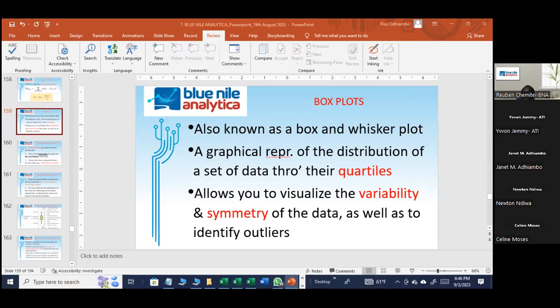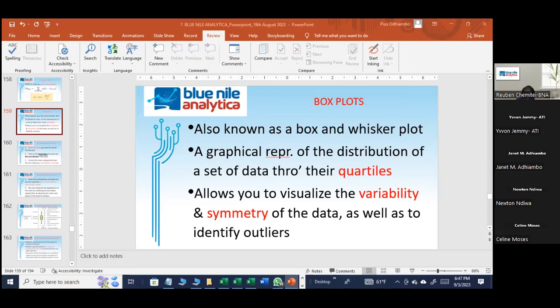Some of the questions we may ask ourselves are, is it normal? For example, supposing you have given an exam to students, and you want to see what the average was, how many students had below average, how many had above average, what percentage the first student got, what the last student got, and what the range is between the first and the last student.